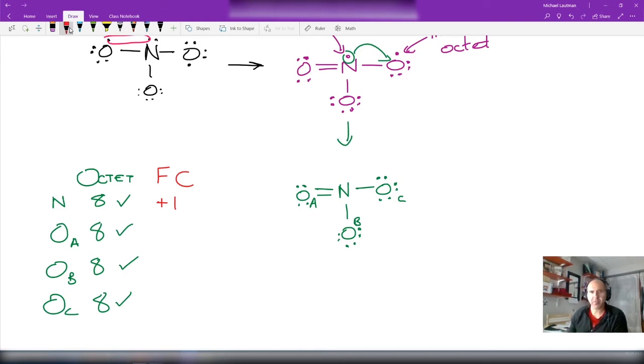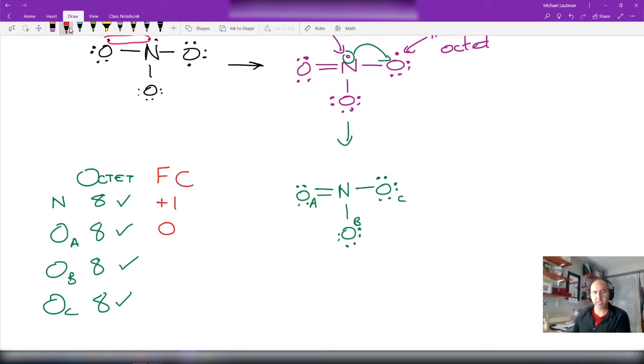Oxygen A, the formal charge is... Well, the formal charge here is 0, right? 1, 2, 3, 4, 5, 6, right? And so 6 electrons and 6, so here it's 0. That's good. How about oxygen B? What's the formal charge on oxygen B? Yeah, that's right, Skylar, -1, because 1, 2, 3, 4, 5, 6, 7.